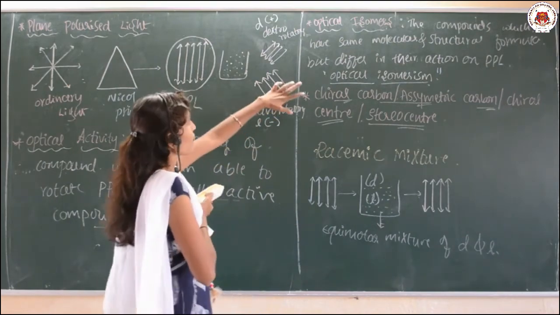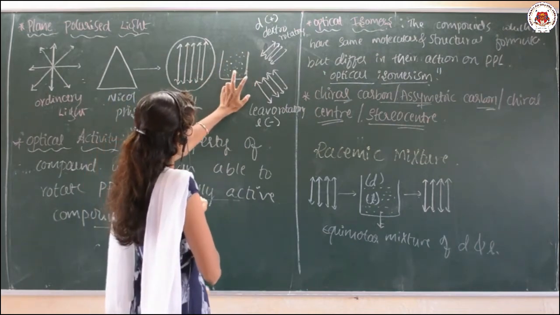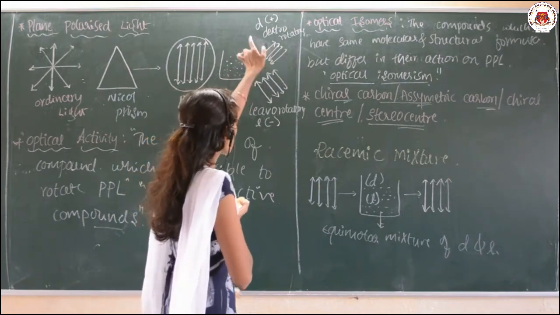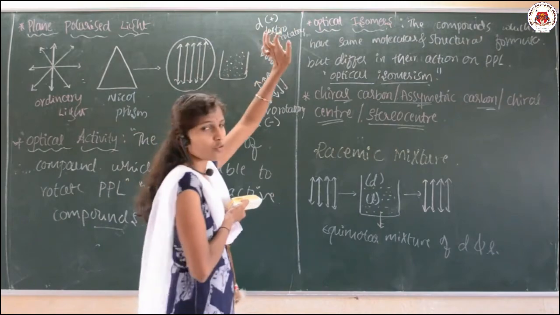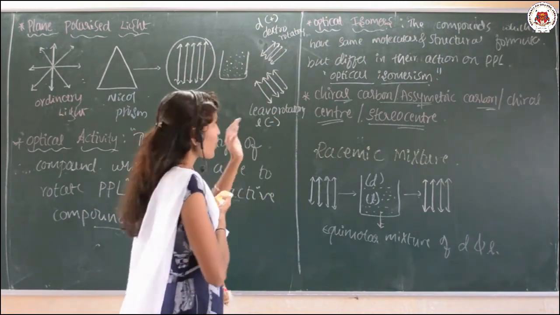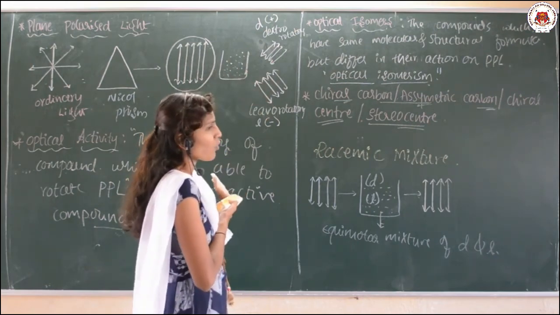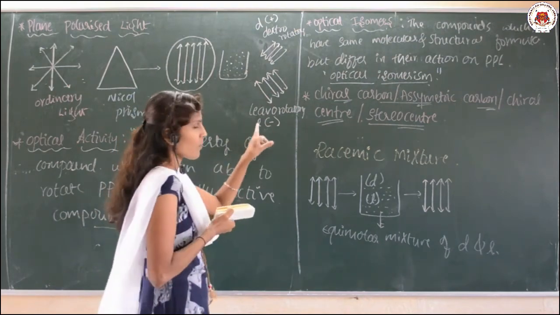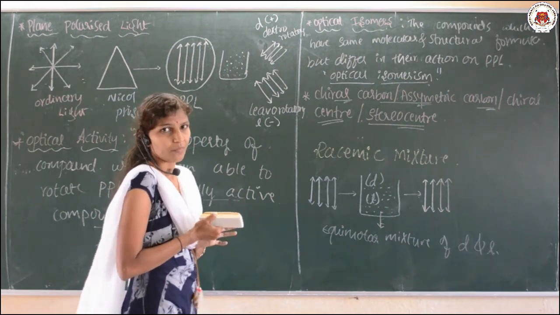If PPL is passed through an optically active compound and it rotates the plane polarized light towards the clockwise direction, or towards the right, it is said to be dextrorotatory, represented by D and the plus sign. If it rotates the PPL towards the left, that is the anti-clockwise direction, we call it levorotatory, represented by a small l and the negative sign.